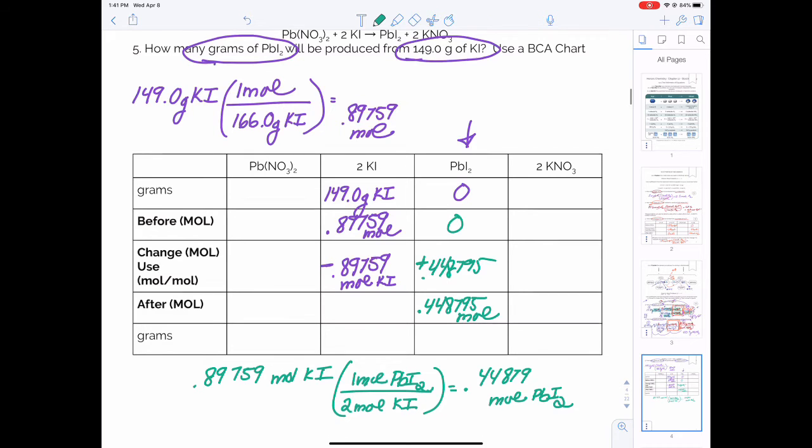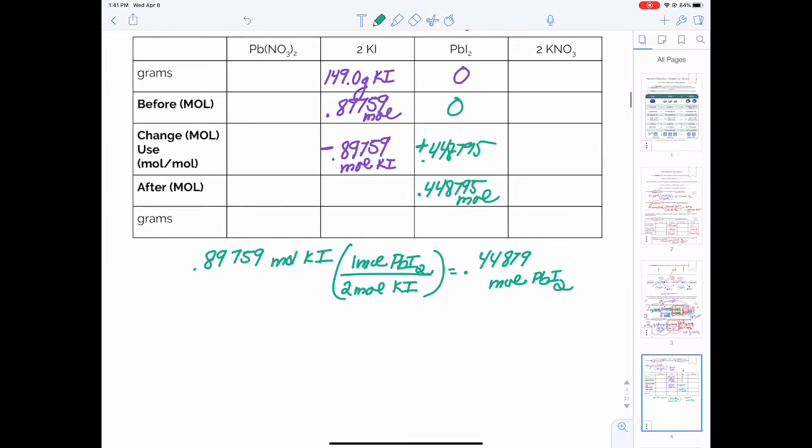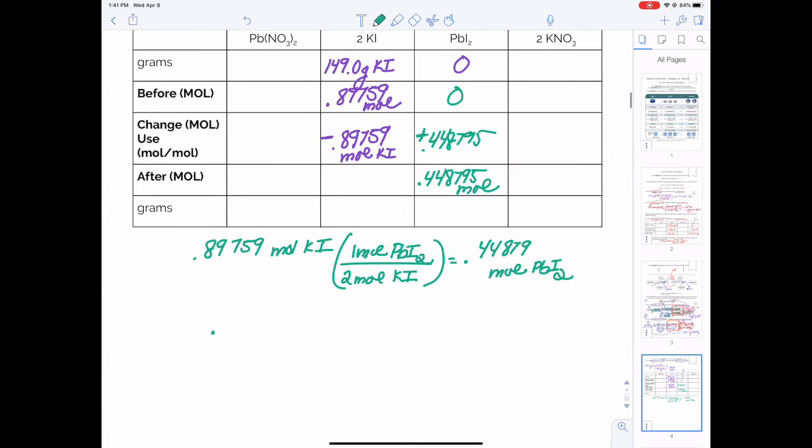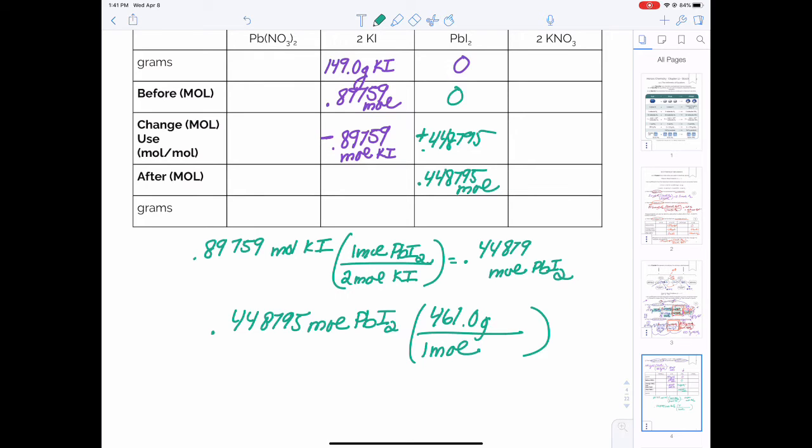It's asking for grams. So now I need to convert 0.448795 moles of lead 2 iodide to grams. 1 mole, and then the molar mass from the periodic table, this is a big one, 461.0 grams.